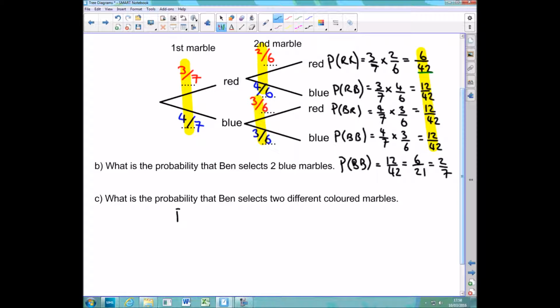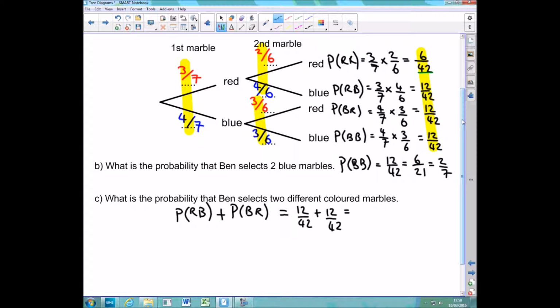Now the second question is asking for the probability that Ben selects 2 different coloured marbles. So that is either the probability of red and blue, or, and remember when we've got an or, it's a plus, the probability of blue and red. So putting those together, we've got 12/42 plus 12/42.